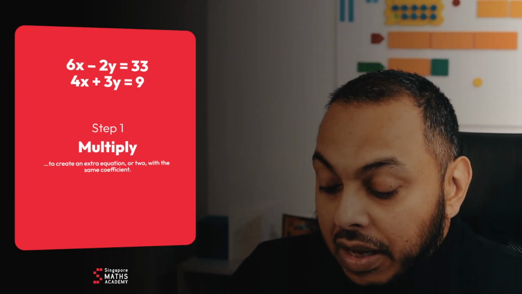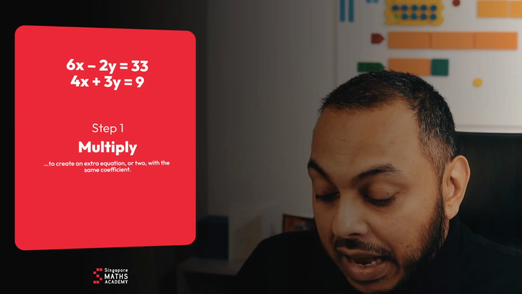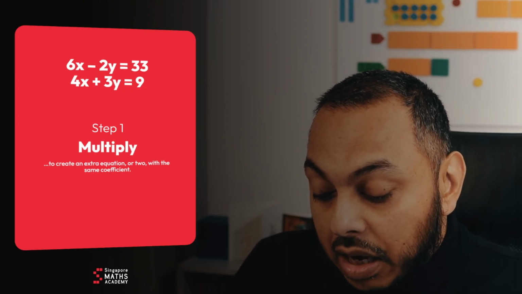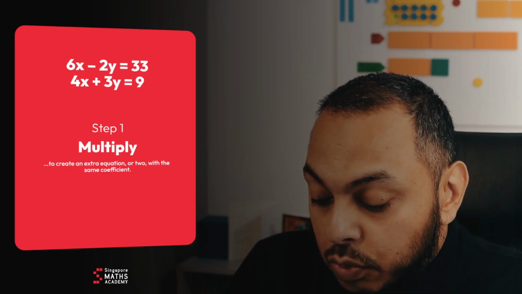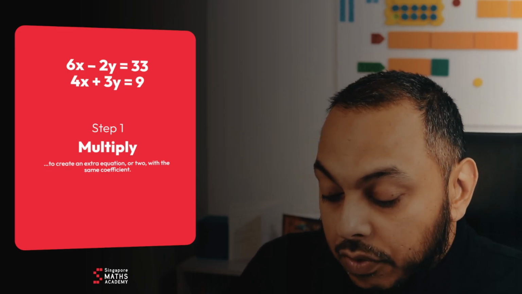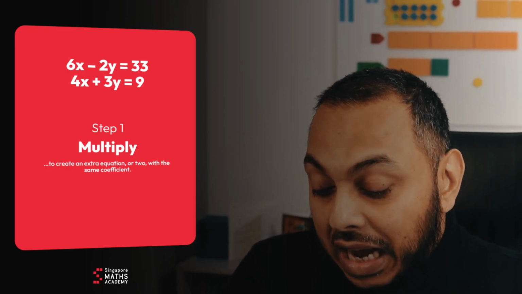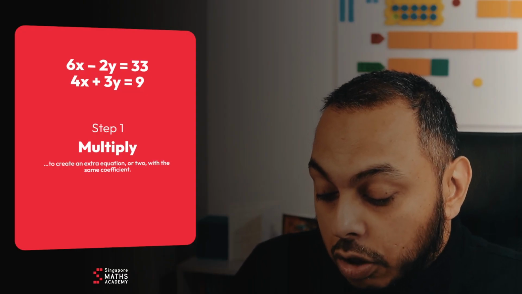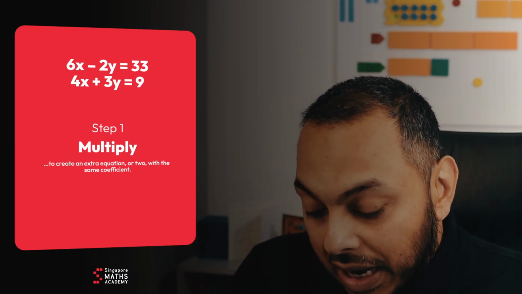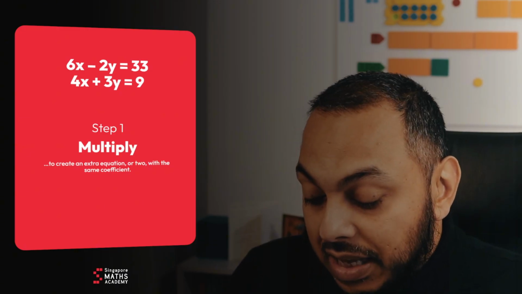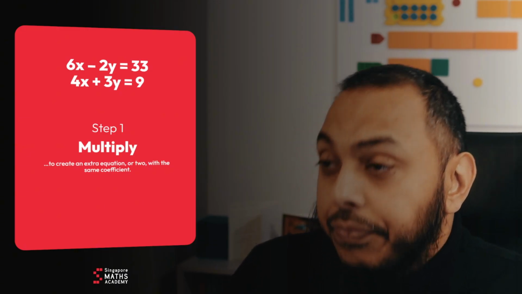So here, if I had something that was a bit easier, I could just multiply one equation. So for example, if this was a 2 instead, if it's 2x plus 3y, then I could just multiply this whole equation by 3, and then I'll have 6x. But I don't have that luxury, unfortunately, because it says that it's 4x here, okay?